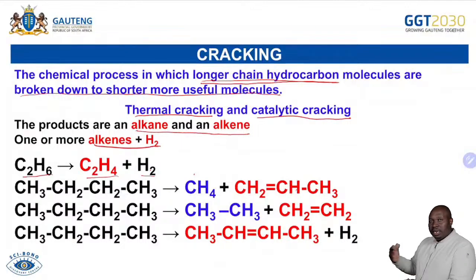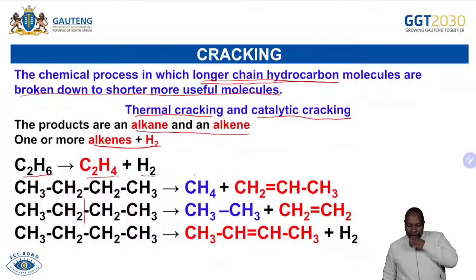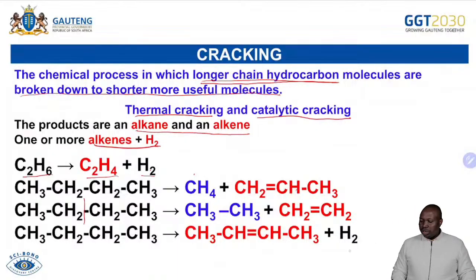So always alkane, alkene. We can even crack it in the middle, then you'll get ethene and ethane. And then as well, you can remove only the hydrogens, and then you get butene and hydrogen. So always know that as long as it's cracking, you can crack the structure.